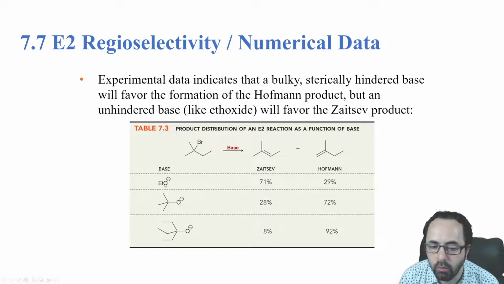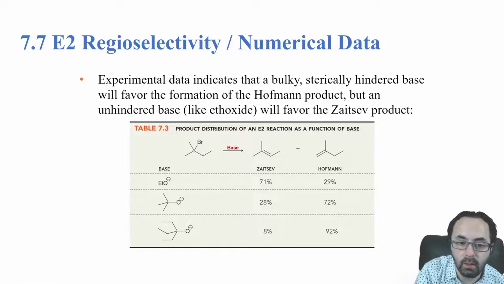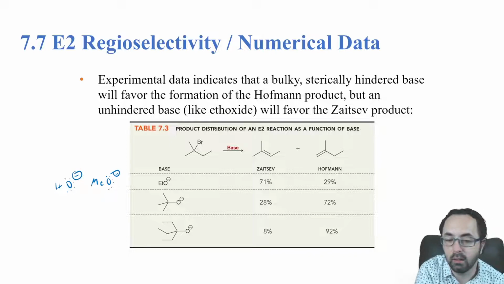So in terms of bases, ethoxide ends up being a kind of small base compared to these other ones here that have lots of carbons attached. We refer to these two down here, the tert-butoxide and this very sterically hindered alkoxide ion, as sterically hindered bases, whereas the ethoxide or methoxide or hydroxide would fit into the non-sterically hindered bases.